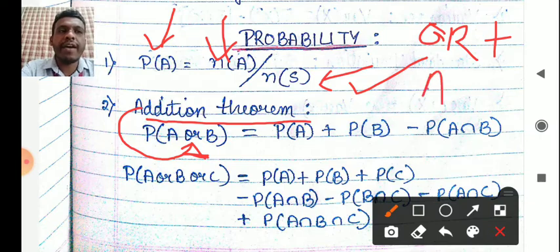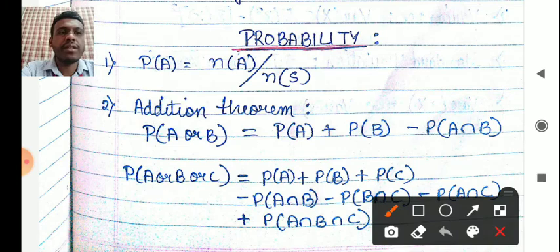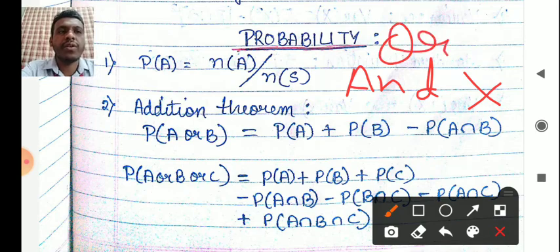Whenever and comes, it means multiplication, and or means addition. So this is all.